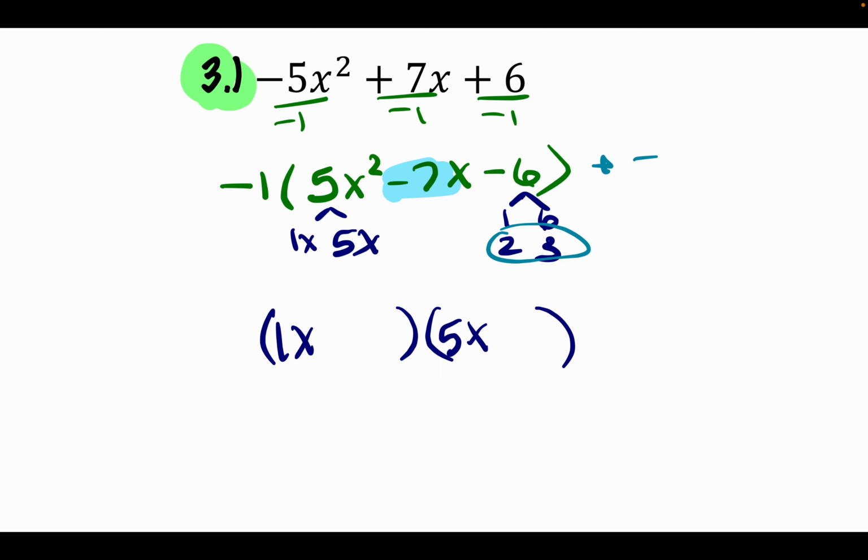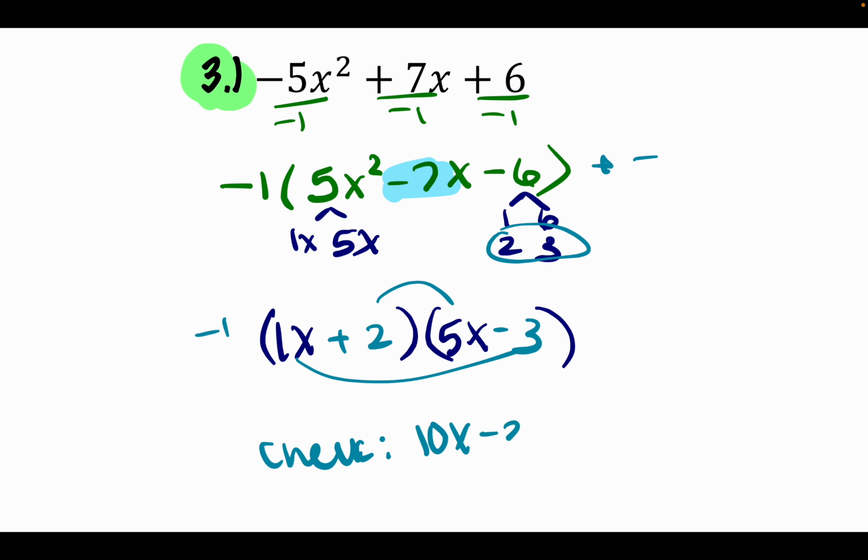So let's try it with positive 2, negative 3. Okay, let's check. So we get 10x, negative 3x. That gives us 7x. But we want negative 7, so that's not right.